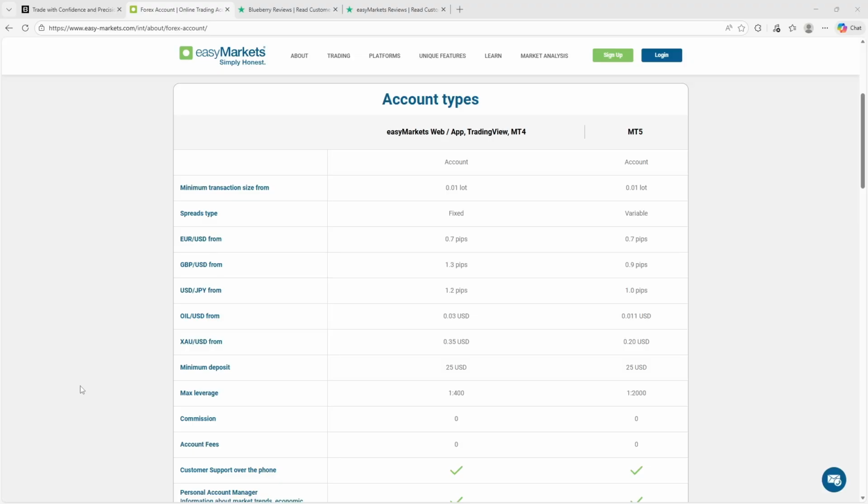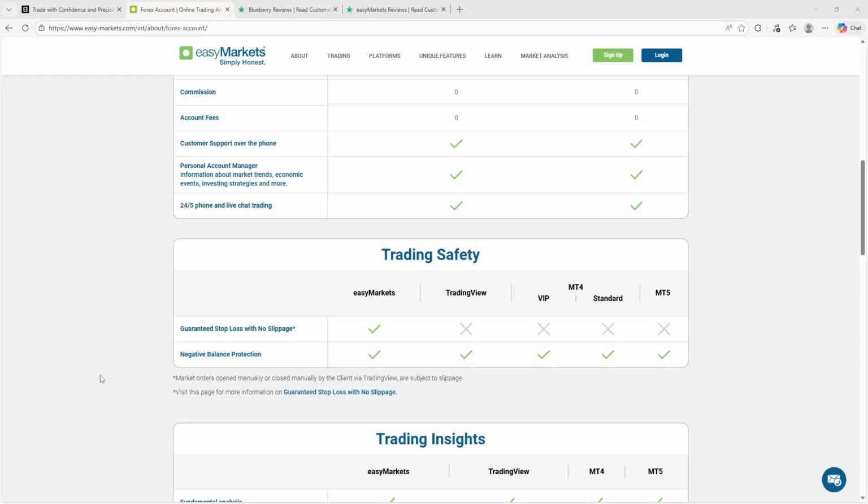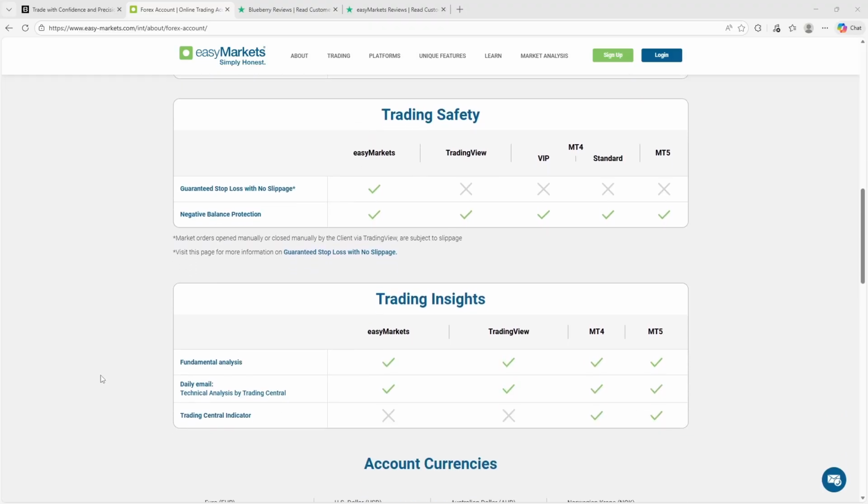There are no commissions layered on top of trades, and minimum deposit requirements remain low, making the platform accessible to beginners and smaller accounts without forcing traders into complex pricing structures or high initial commitments. Leverage options vary by platform and region, but easyMarkets generally offers higher leverage than many traditional brokers, giving traders flexibility in position sizing.